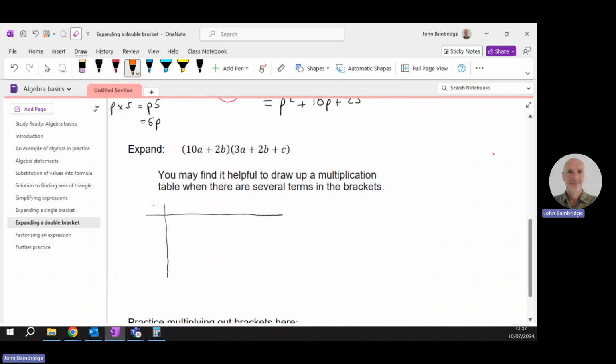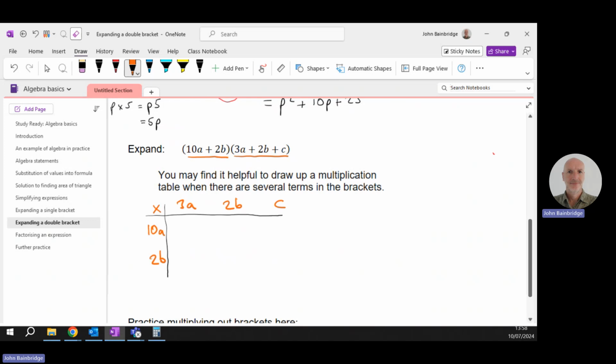I first put the 10a and the 2b, making sure you've got any signs. They're both positive, so I just write 10a, 2b. There are no negatives. Remember to put negatives there if they are negatives. And then I put the other terms along the top, creating some space between them: 3a, 2b, and c.